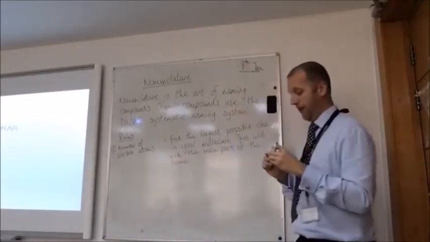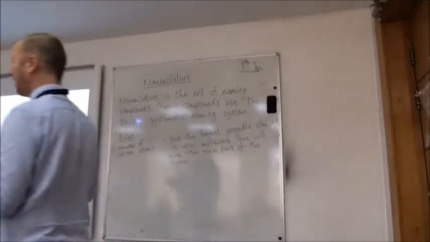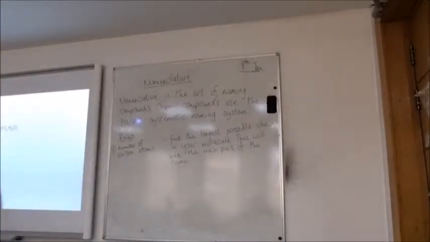Okay, so rule number 1, which you kind of know already from what you've done in GCSE, it's about finding the longest possible chain of carbon atoms in your molecule. That's going to give you the main part of the name.